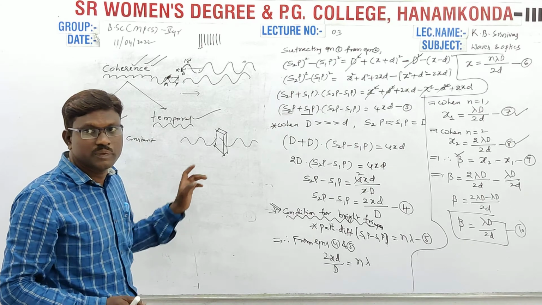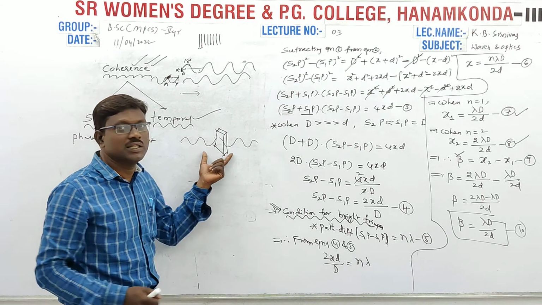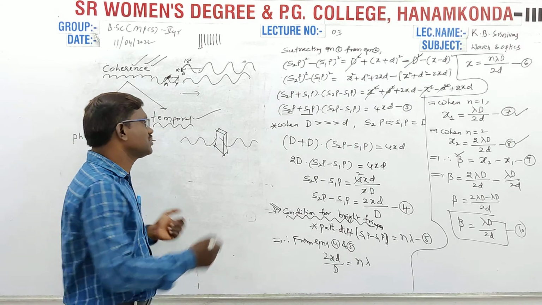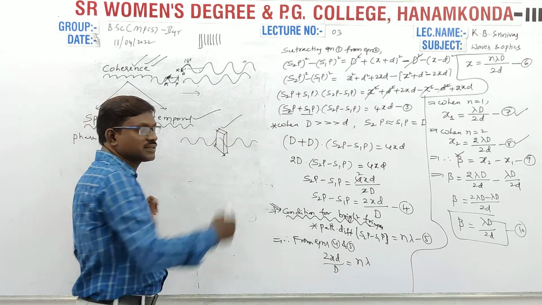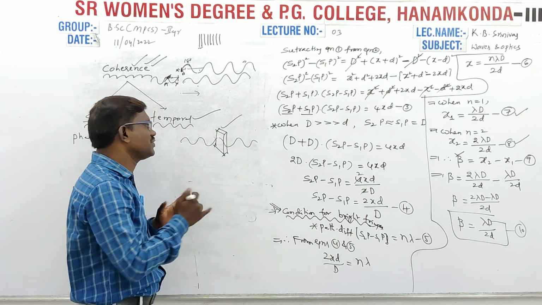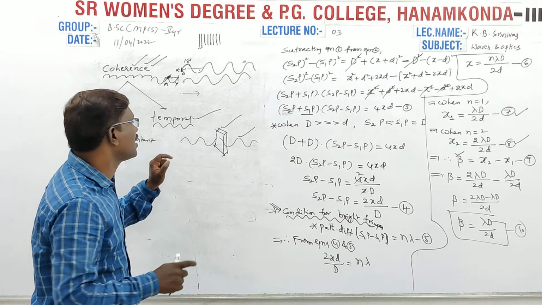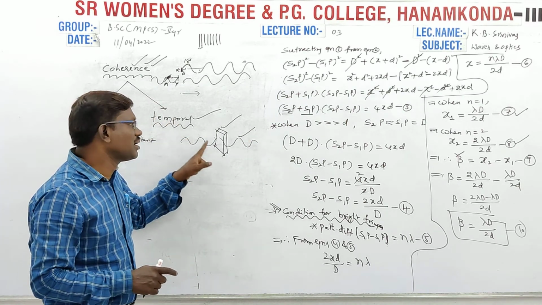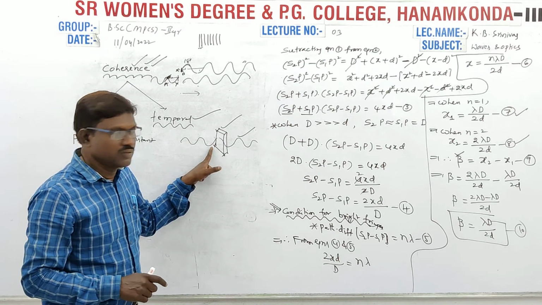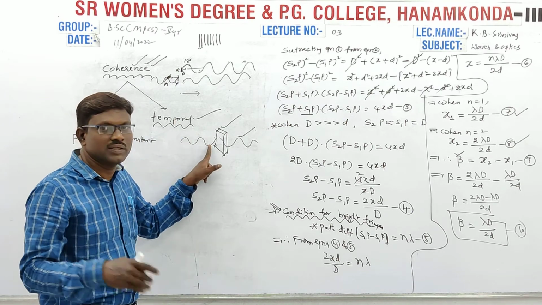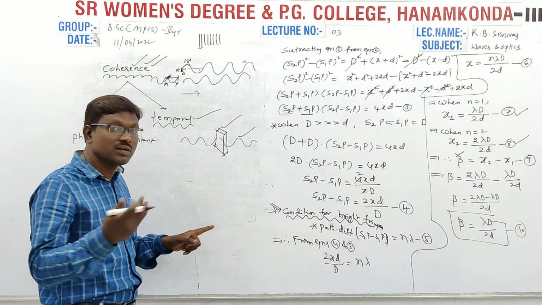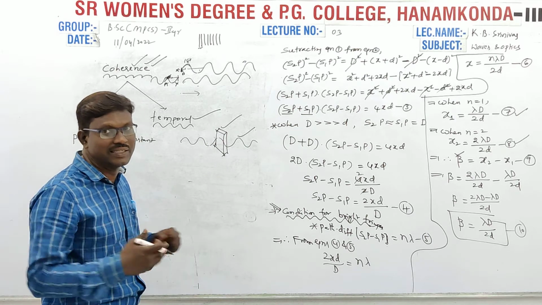When a transparent sheet is introduced in the path of the wave, the distance traveled by the wave will increase, so the contrast of the wave will decrease. In such case, we say the temporal coherence is lost by the wave. We say temporal coherence is lost by the given wave when its contrast decreases.